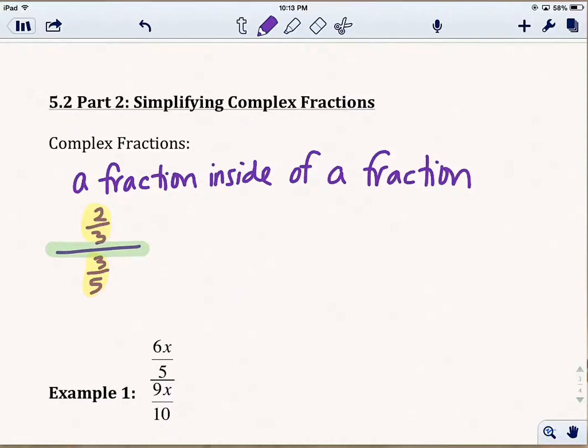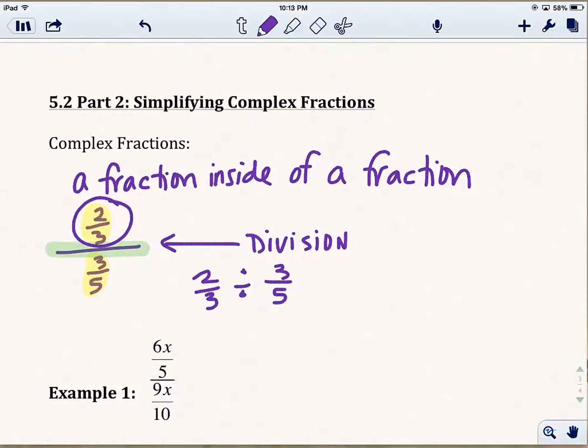So it's a fraction inside of a fraction. But what's important to remember is this fraction bar means division. So don't let this be confusing just because it's a lot of fractions. I know we want to avoid fractions, but the reality is they're here, so we want to make sure we can work with them. So remember, the fraction bar means division. So it's the same as 2/3 divided by 3/5, if that way helps you think about it.